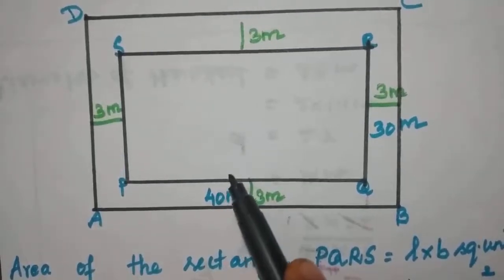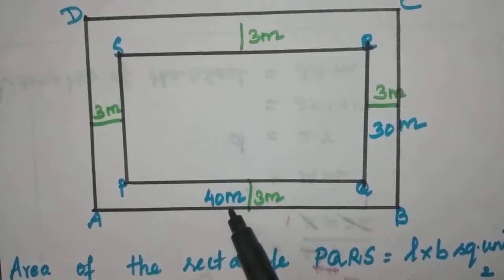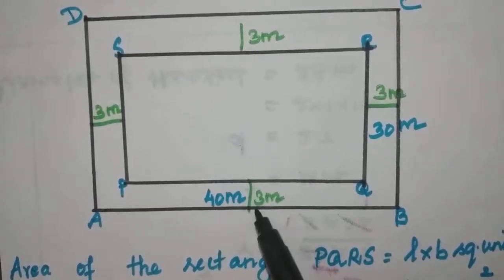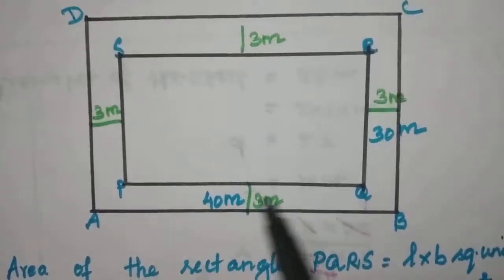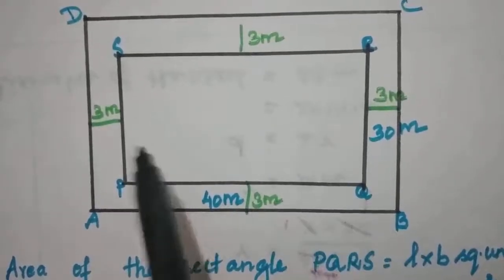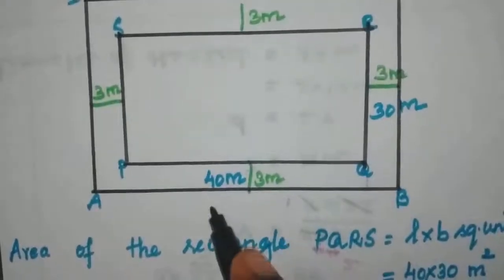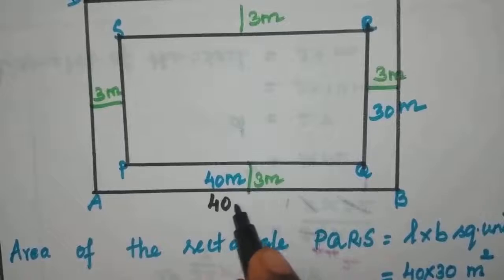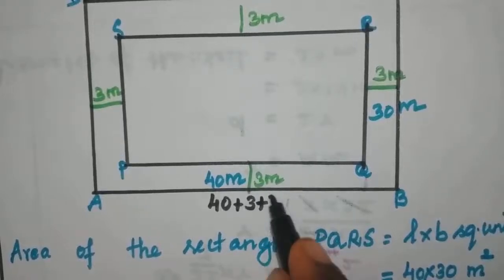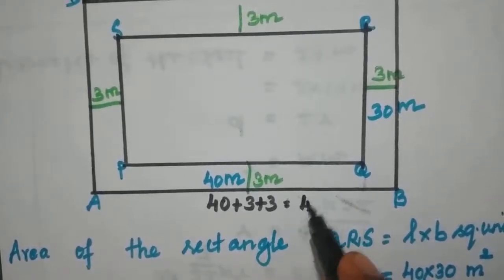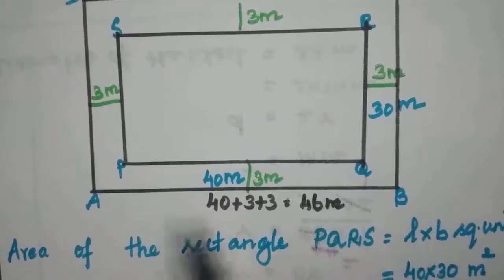The length of the inner rectangle is 40 meter and the width of the path is 3 meter. So on this side the width of the footpath is 3 meter and here also it is 3 meter. So the outside rectangle will be 40 plus 3 plus 3 is equal to 46 meter.